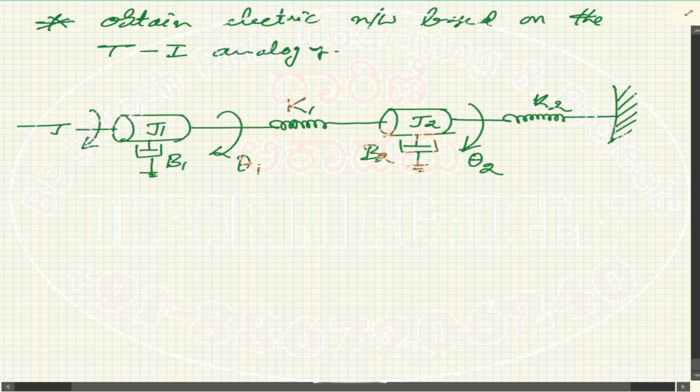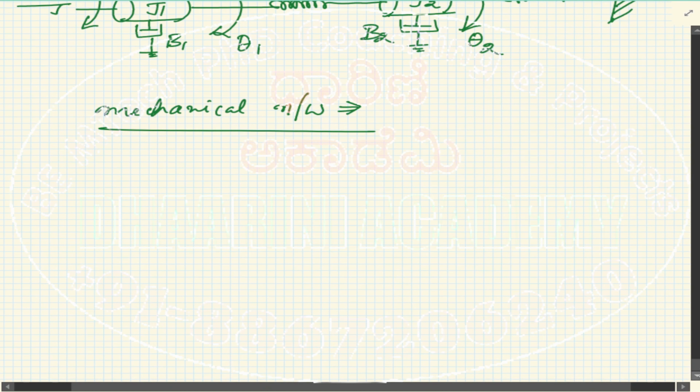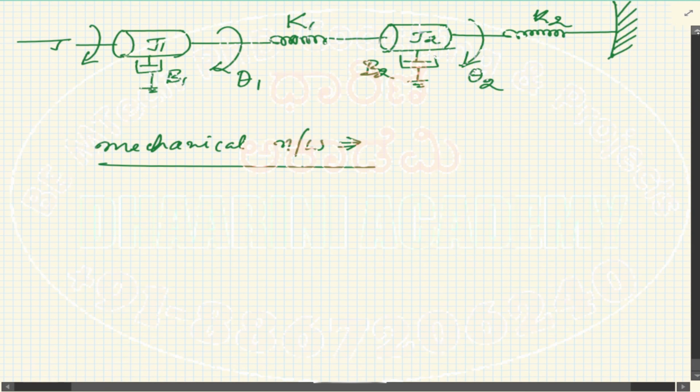All right. So now our first approach is to write the equivalent network, right? So the mechanical network looks like this. What are the nodes here? Theta 1 and theta 2, right?